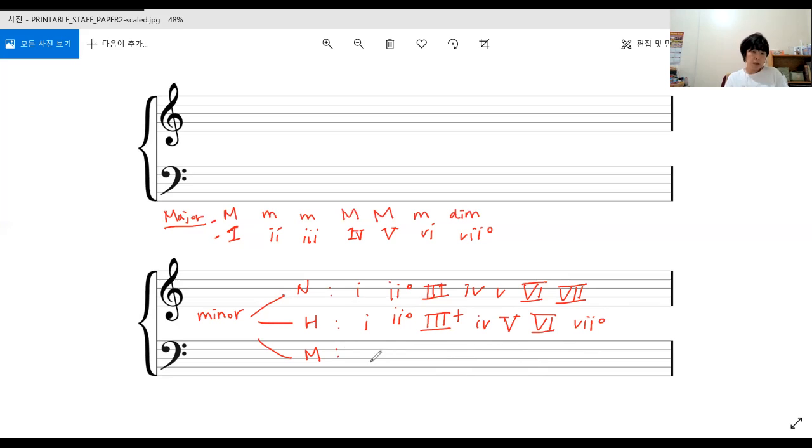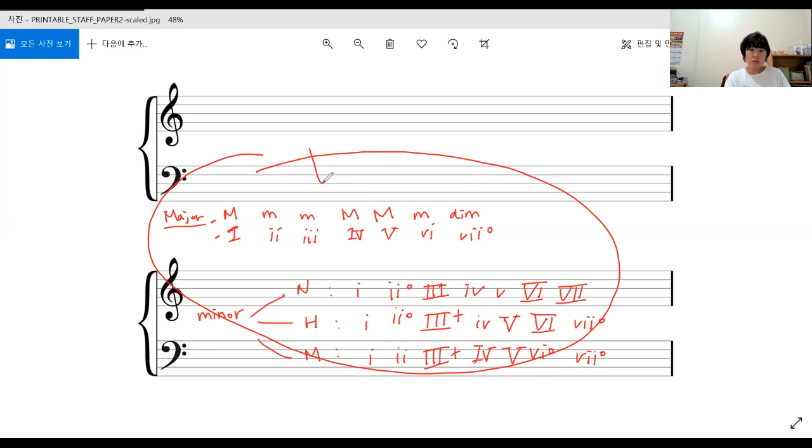Melodic minor scale, first one is minor, second was minor, and then third one is augmented, fourth major, fifth major, sixth diminished, and then seventh diminished. Okay, so if you remember this one, then you can apply it to all the major, right?